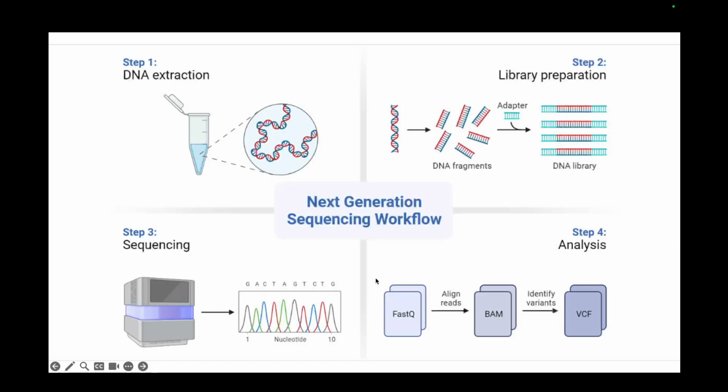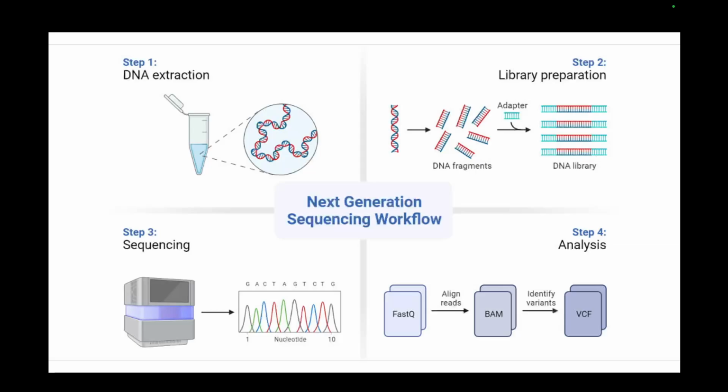And till now, I only have talked about the sequencing part. I'll not talk about the analysis part in today's class, but in future classes we'll talk about it. But this analysis part has also been growing at a very fast pace. As we know, sequencing technologies have improved a lot from Sanger sequencing to what we have today in terms of long read and Oxford nanopore and whatnot.